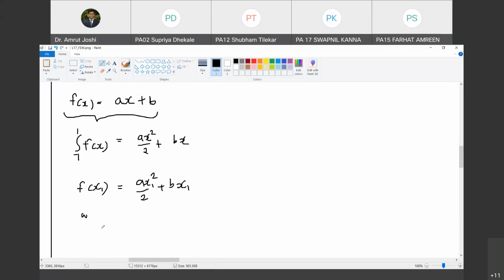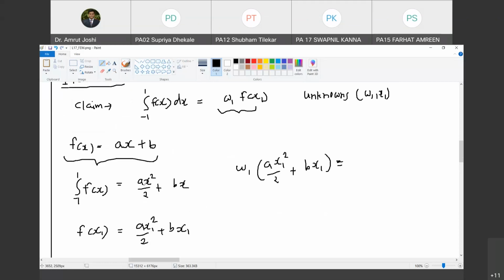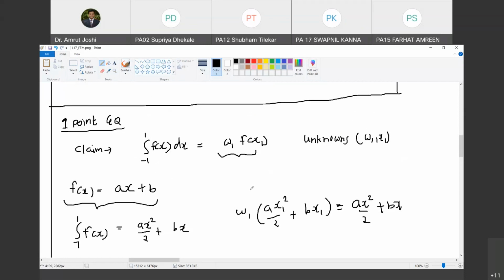Yes, sir. And then w1 into ax1 square by 2 plus bx1 ought to be equal to ax square by 2 plus bx. Do you agree with me? Yes, sir.